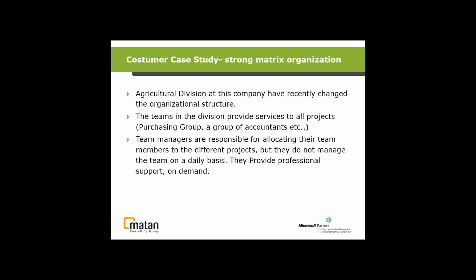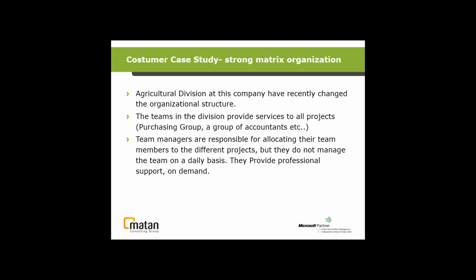They have the teams of the division, and they provide services to the different projects. And as I said, the project managers here are the ones that actually plan out the work for the resources. All that the team managers do is assign their team members to the various projects.